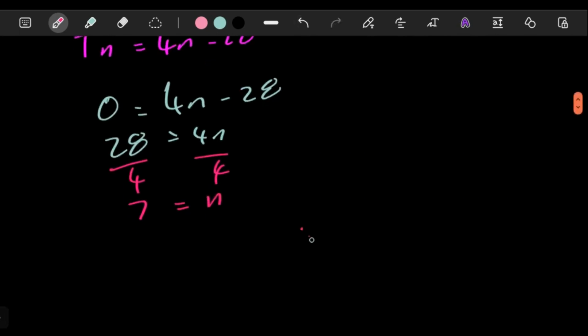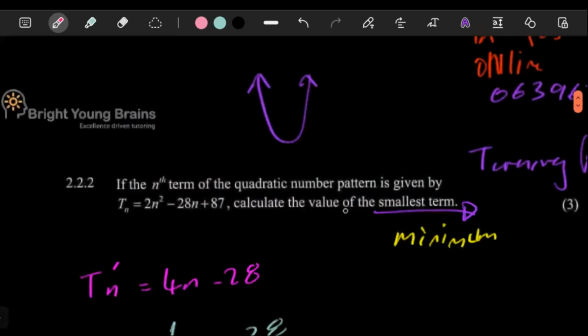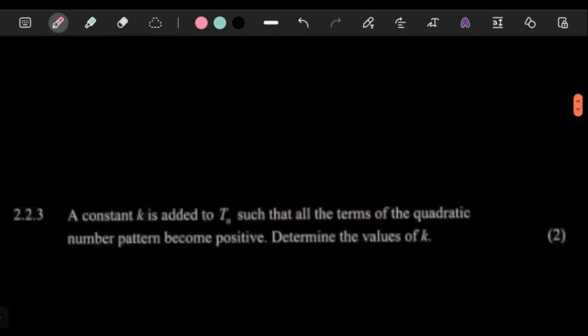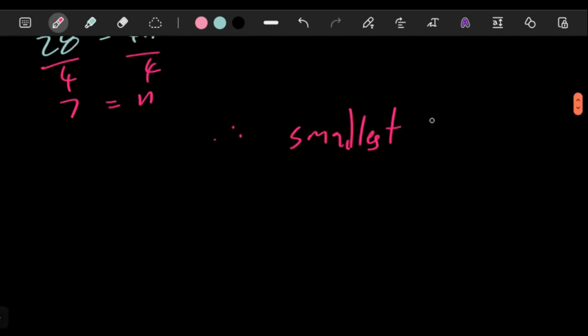You see? Therefore, smallest. They ask for the smallest value. Therefore, the smallest value is at position 4. So let me write this a bit better.